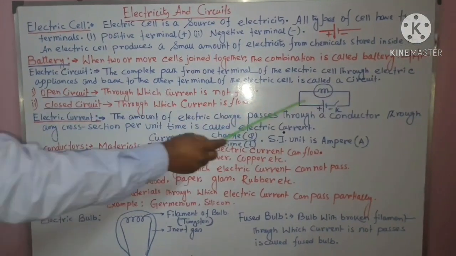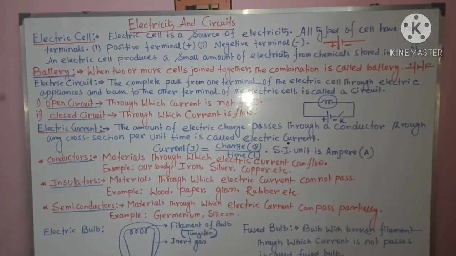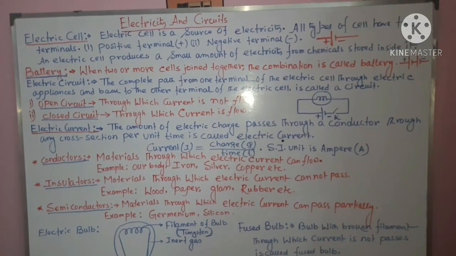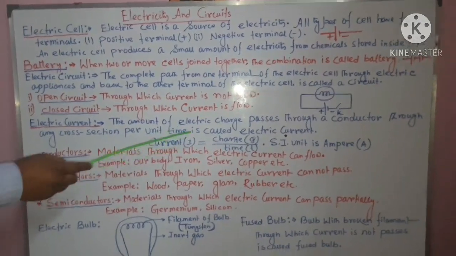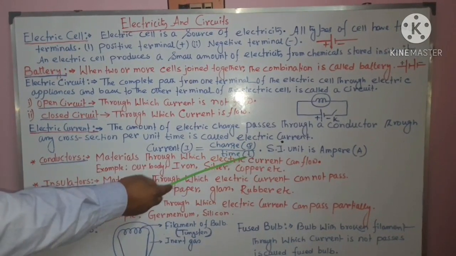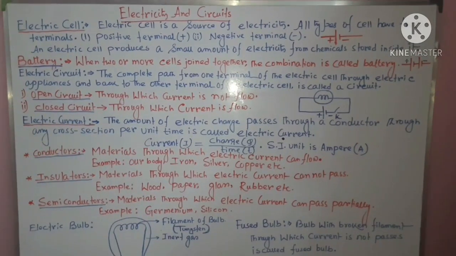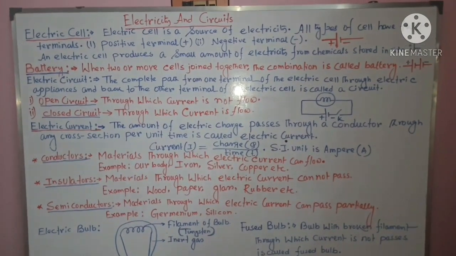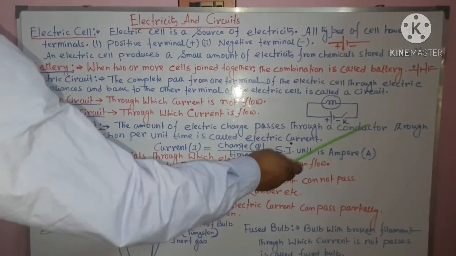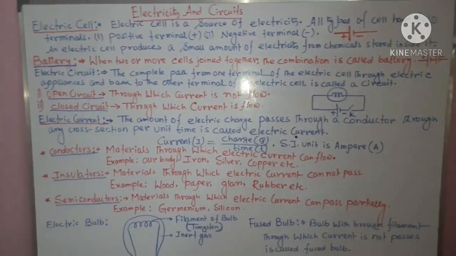Mathematically, the electric current I equals charge by time, that is Q by T. Whenever you want to measure the current, you have to know the unit of electric current. In the SI system, the unit of electric current is ampere, which is generally denoted by capital A.